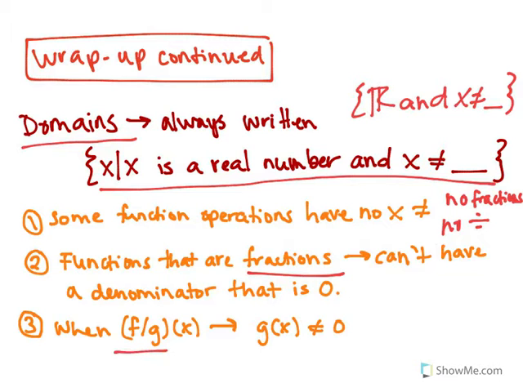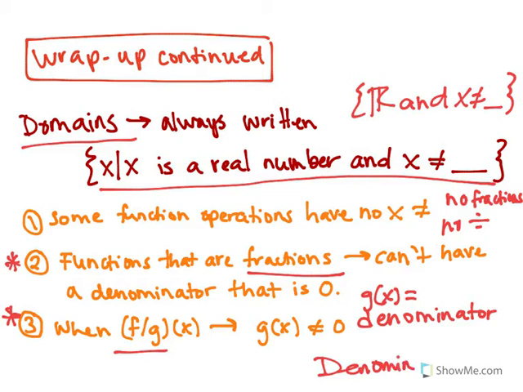And when we're dividing two functions, g(x) cannot equal 0. Because, in this case, g(x) equals the denominator. So really it's the same rule for both of these. Denominators can never equal 0. Remember that, and you have remembered the golden rule.